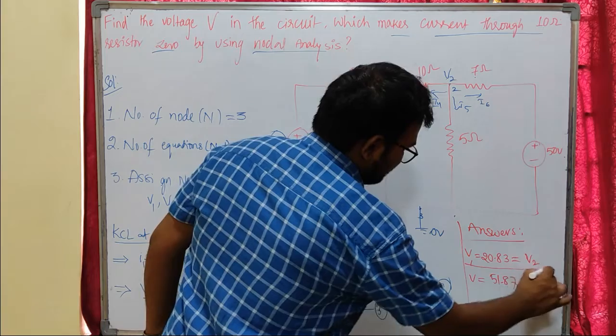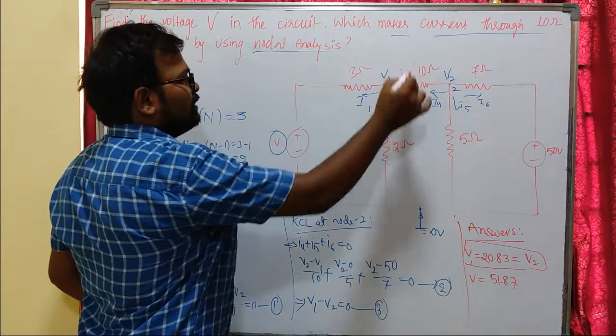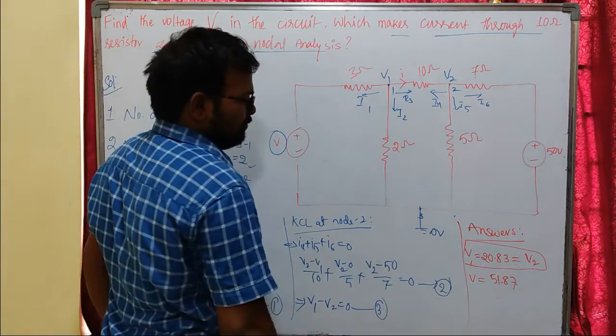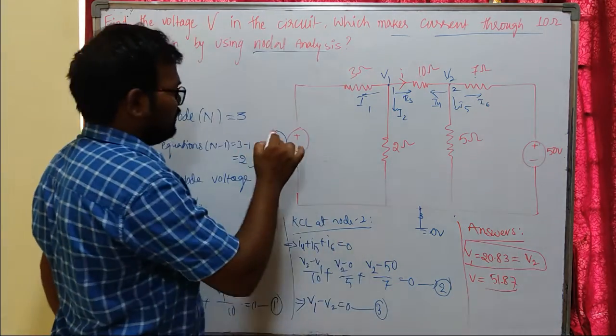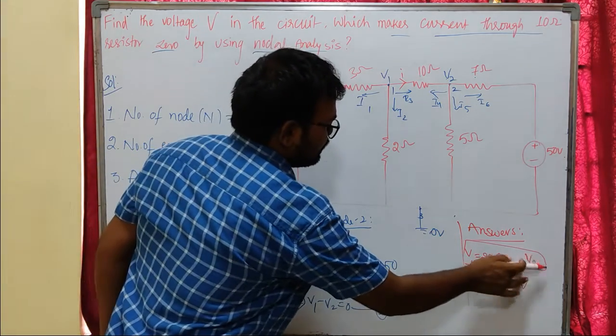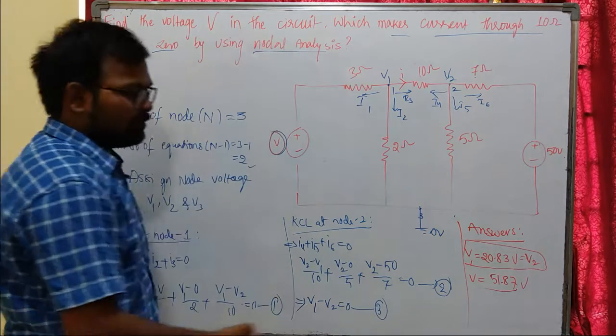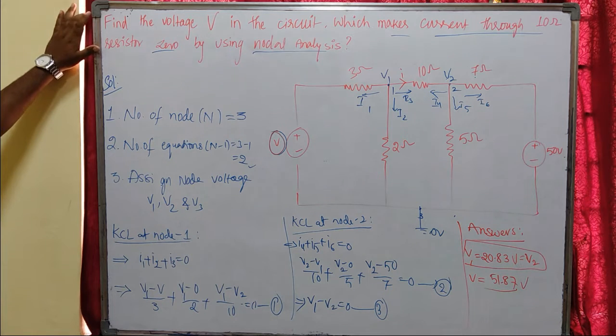You can see the potentials V1 and V2 must be equal, then only the current will be 0. So the current will only be 0 when V1 is equal to V2. So V1 equals V2 equals 20.83, and the voltage source value is 51.87 volts. You need to verify these values by solving these expressions. I want you to solve these expressions and submit them in assignment 5.